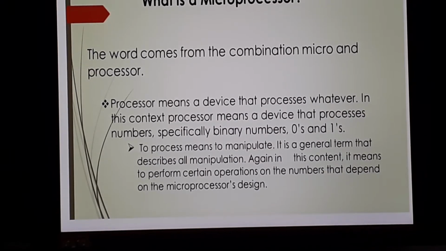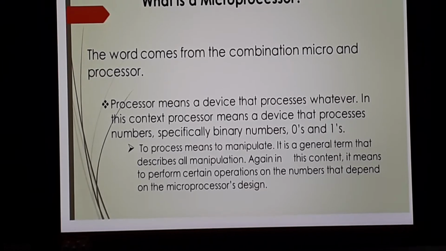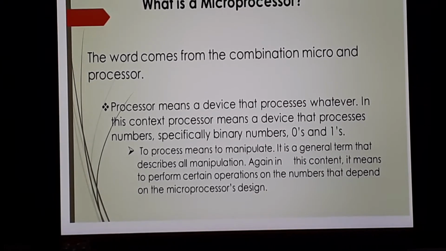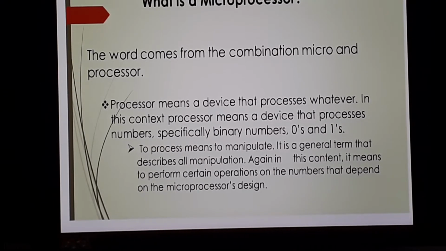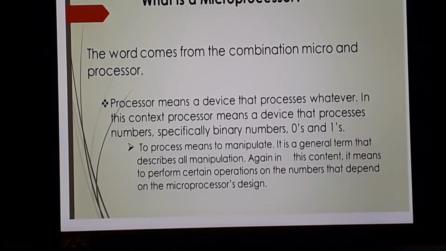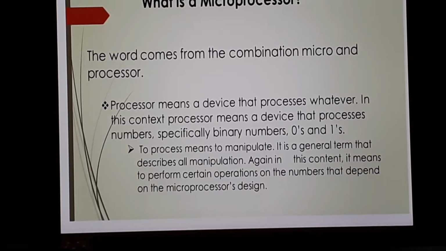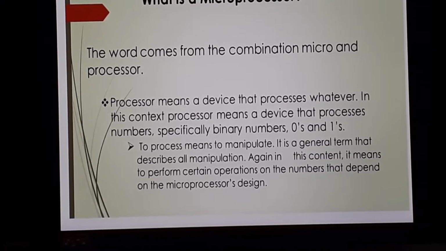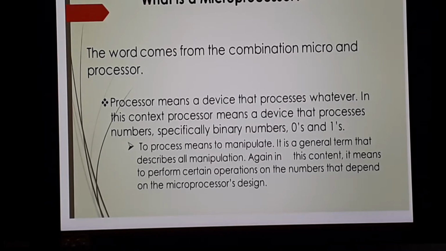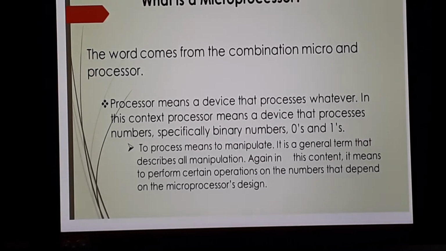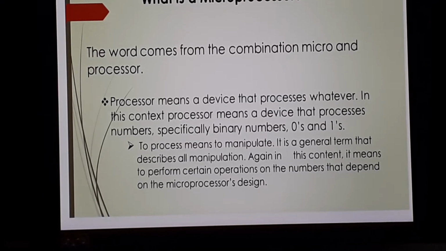So, basically, in short, microprocessor is a semiconductor logic device which accepts only binary data as its input. It processes the data and it provides you the result as the output. Now, the microprocessor is divided into 3 parts. It consists of arithmetic logic unit, registers, and control unit.